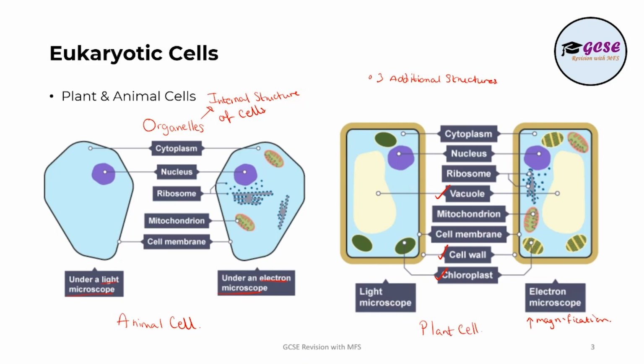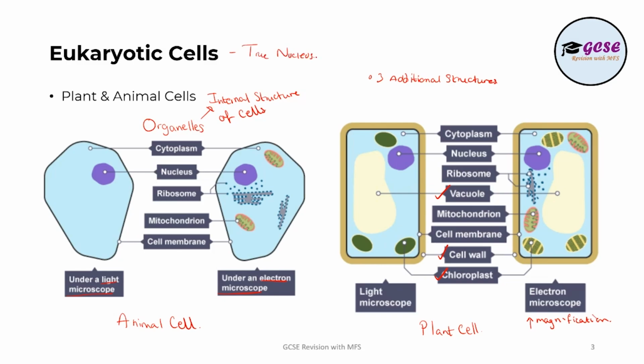Now, the main thing that differentiates eukaryotic cells from prokaryotic cells is that eukaryotic cells have a true nucleus.